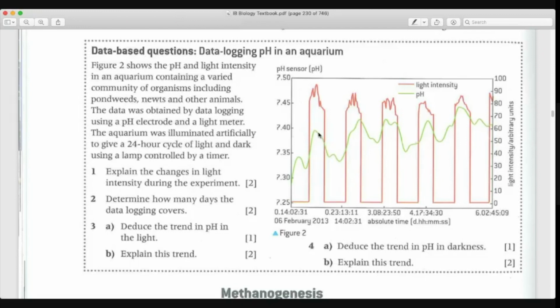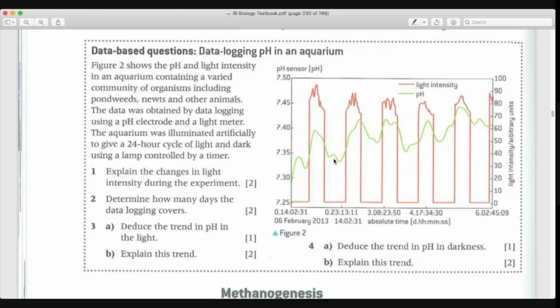This spot right here? Right, it's getting more acidic, but is the pH falling? When the water gets more acidic, the pH falls, because it's going from 7.35 closer to 7.30. Right, yeah, it's falling.